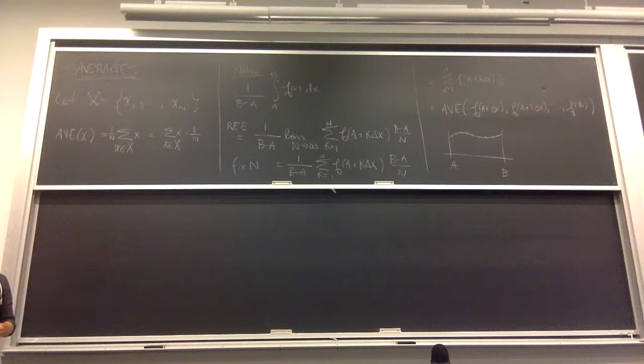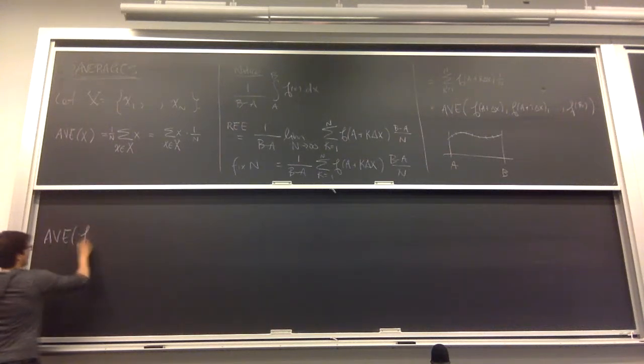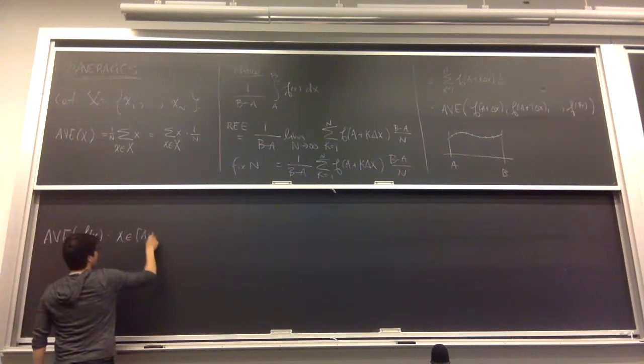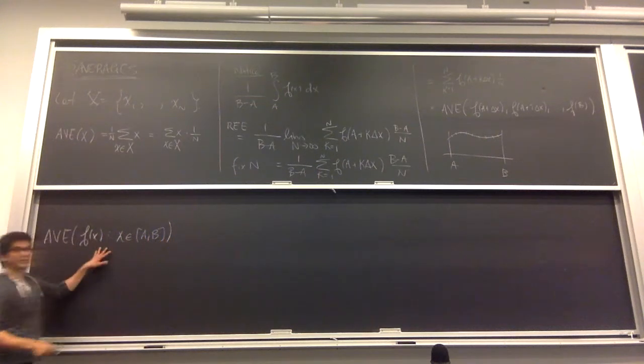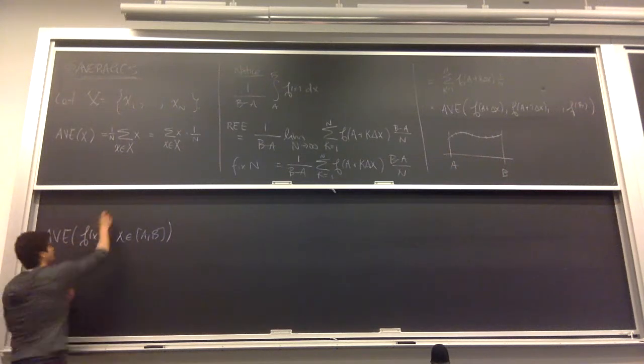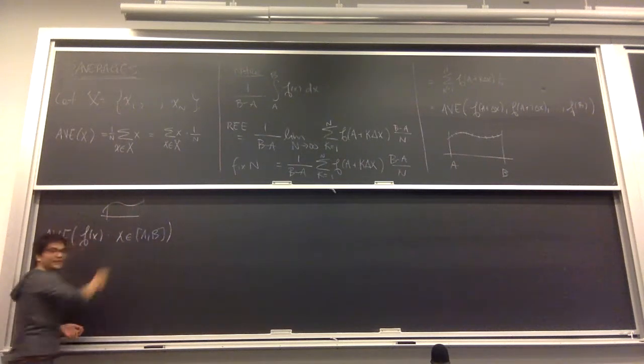Right, so in order to say what is the average of f of x such that x is in the real interval a to b, remember how this is a problem? We can't even count through this. There are uncountably infinitely many things in here, right? This is basically just the whole curve.